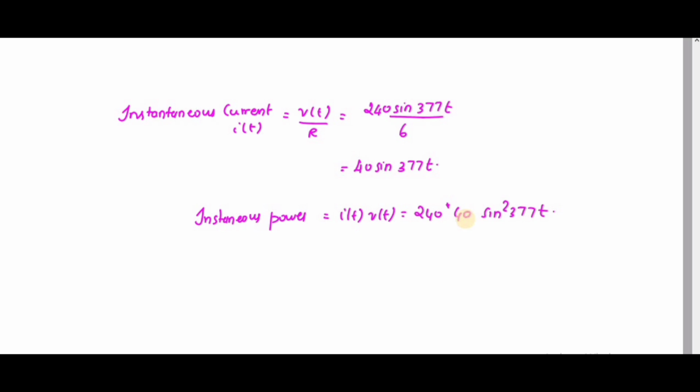What is 240 into 40? It is 9600 sin square 377t.